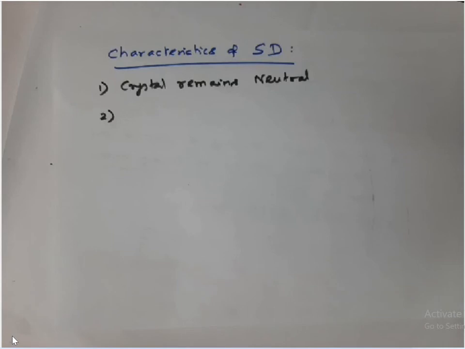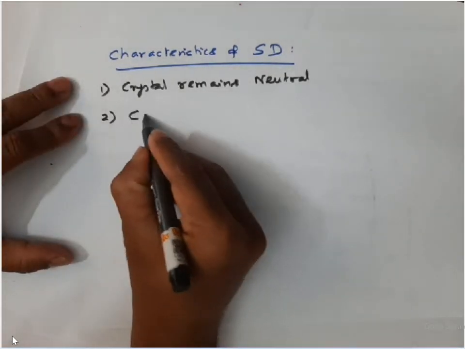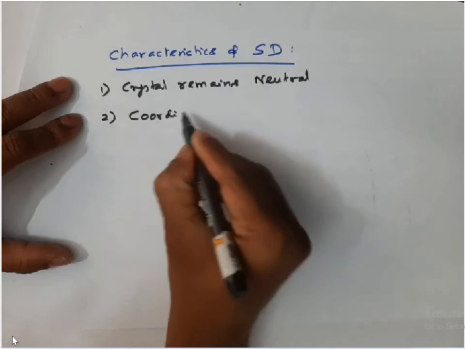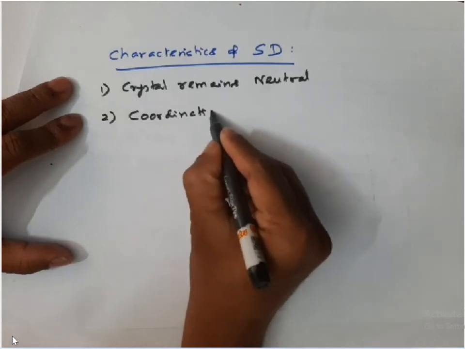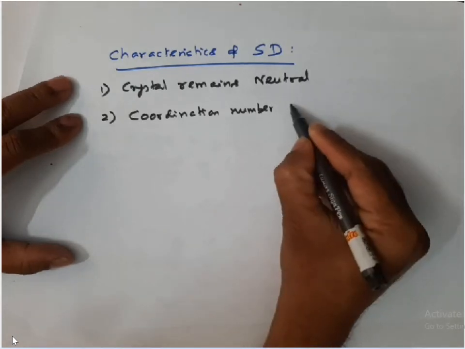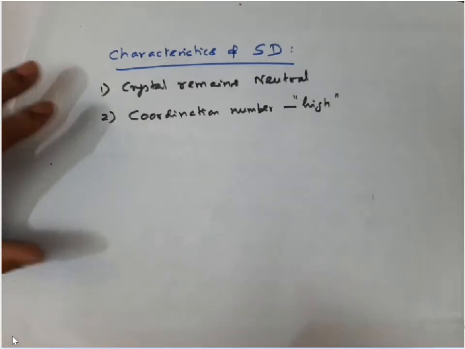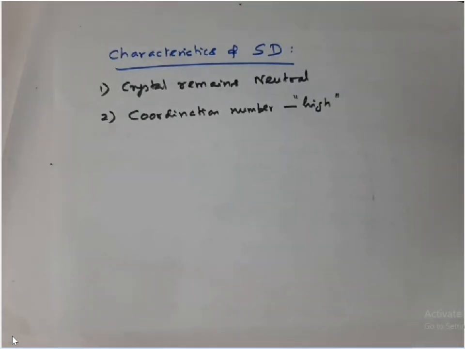Then second point, for this defect to arise, what is the requirement? Does this defect arise in all types of crystals? No. For this defect to arise, coordination number should be high. This defect arises in crystals where coordination number is high.